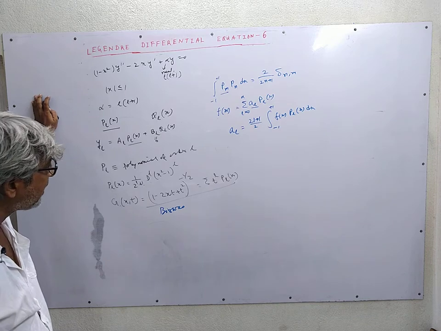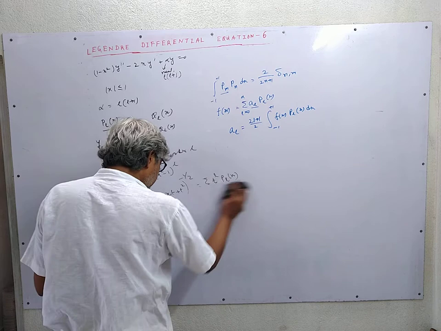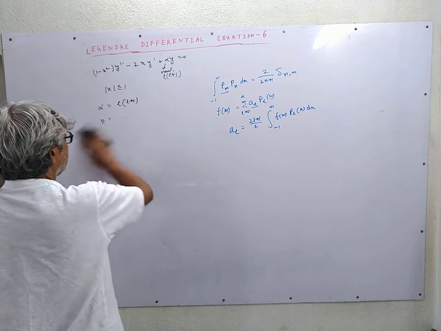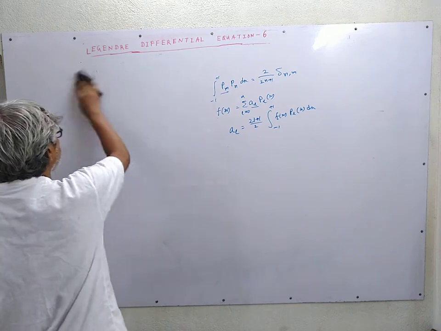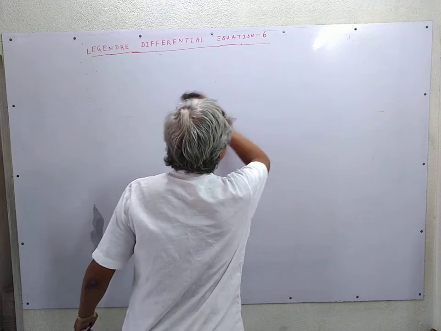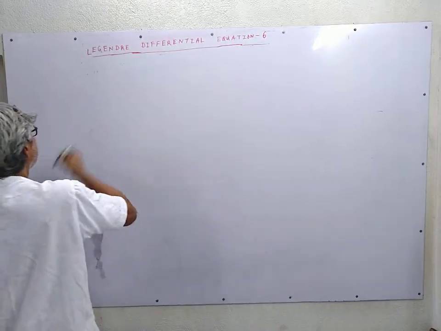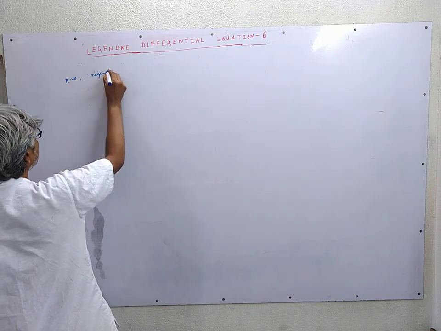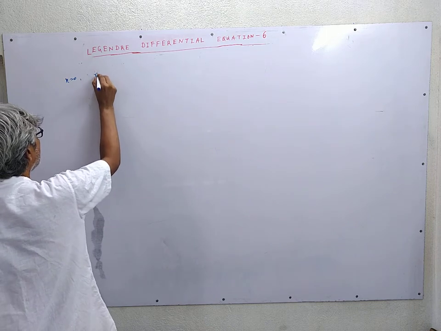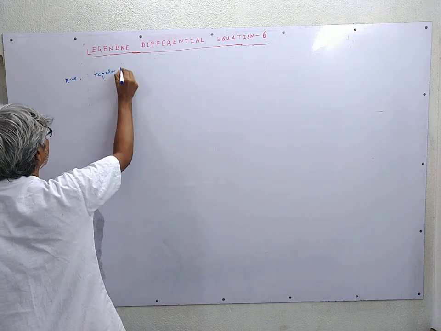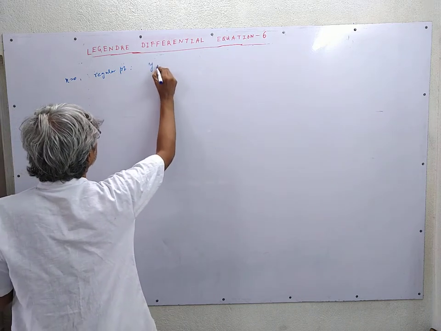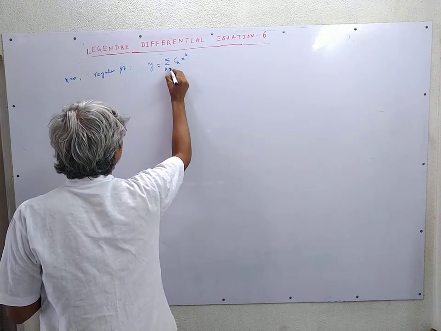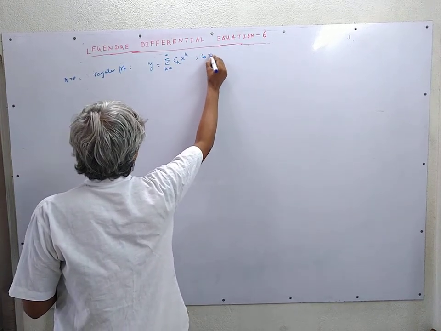In a few books, it is found that the solution of the Legendre differential equation has been sought using the Frobenius method. Let me spend a bit of time on it. As x equal to 0 is a regular point of the Legendre differential equation, we assume the solution in this form, the power series method, with C0 not equal to 0.